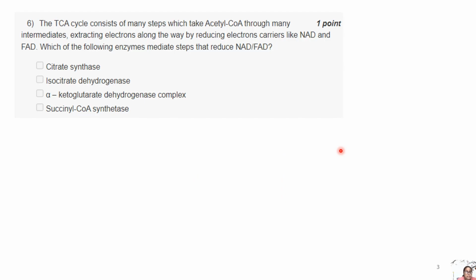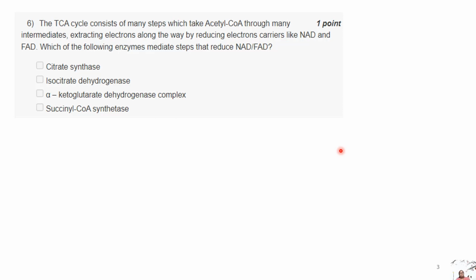The TCA cycle or the Krebs cycle, TCA cycle is the same as Krebs cycle. So it consists of many steps which take acetyl-CoA through many intermediates, extracting electrons along the way by reducing electron carriers like NAD and FAD.